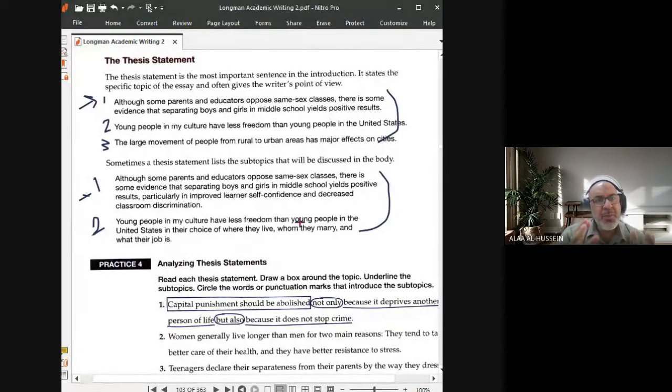If we analyze the thesis sentence in these two groups, and in every type of thesis sentence, we should find at least two parts. The first part is the topic. The second part is the idea about the topic. So what is the topic, and what is the idea about the topic? What is the subject we are talking about? This represents the topic.